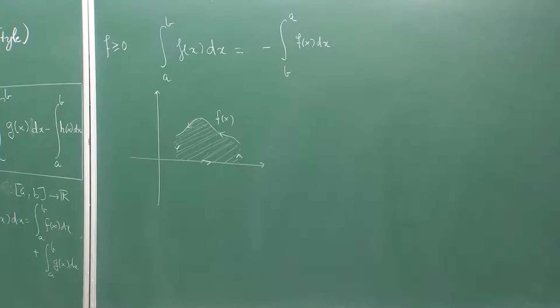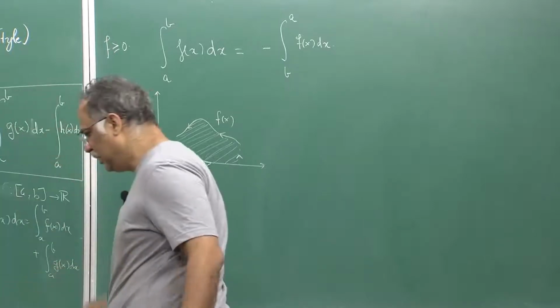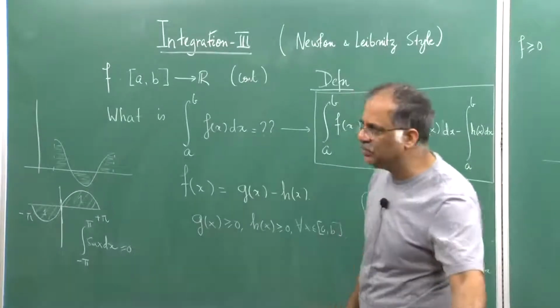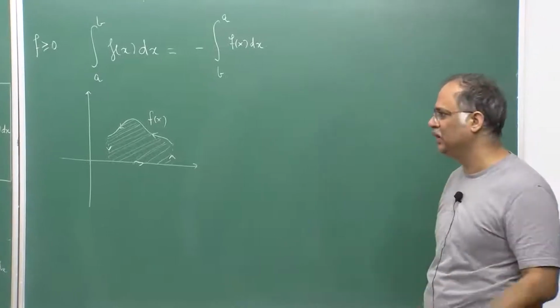Okay, so I am walking in a counterclockwise fashion this way. When I am walking in a counterclockwise fashion, the area should always lie on my left. If it always lies on my left, then I will call the area to be non-negative. The area would be non-negative.